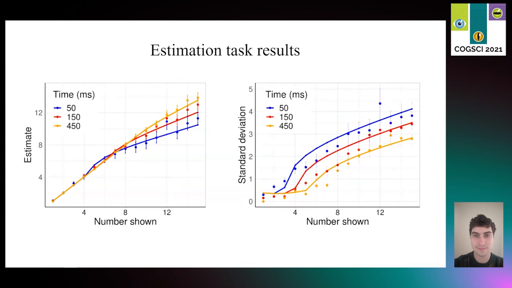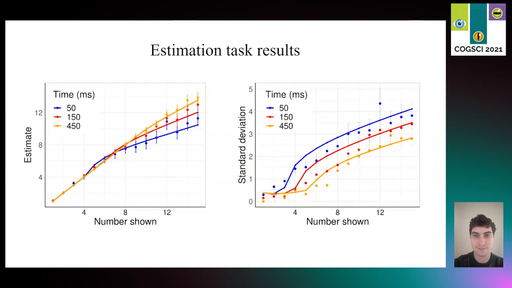So again, the model is the lines and human data is the points. What we see is a bias towards underestimation that disappears with greater exposure time. And this is reflected both in human data and the model's predictions.